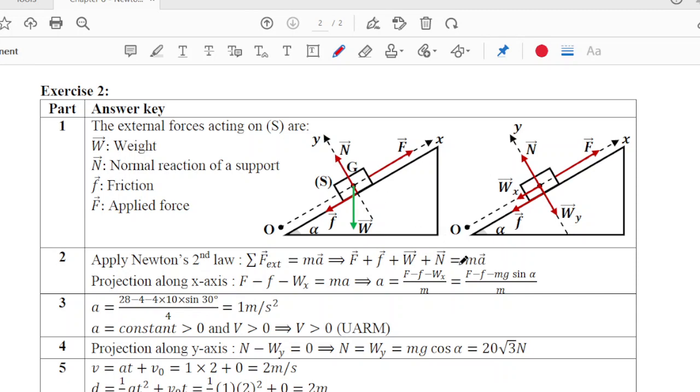Now they will ask me for the acceleration. To determine the acceleration we project along the axis of motion, which is the x-axis.